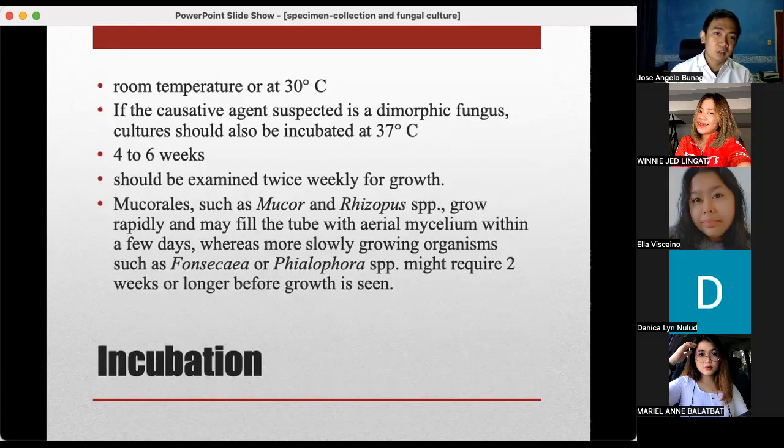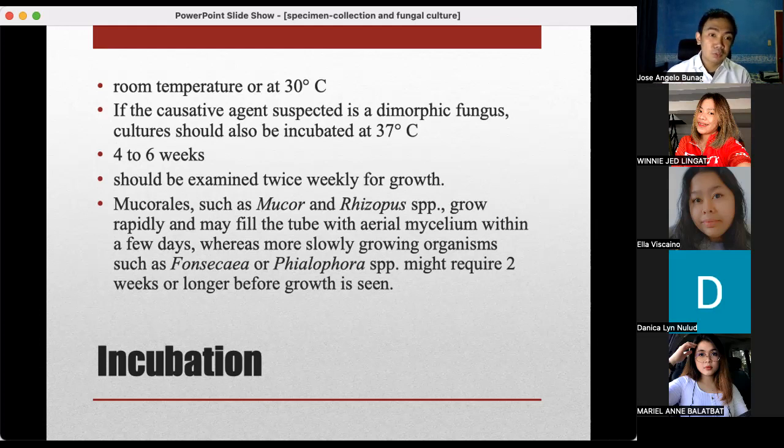And examine periodically before reporting as negative. So most fungi grow optimally at 30 degrees Celsius.